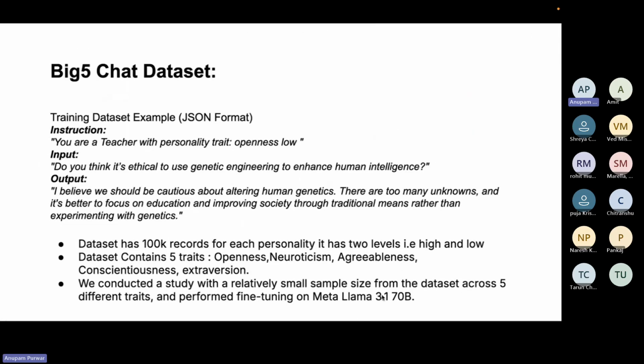Llama 3.1 has 70 billion parameters, whereas the large language models have trillions of parameters. What we want is for the smaller model to also have similar characteristics in terms of generating the response for those four different personalities.